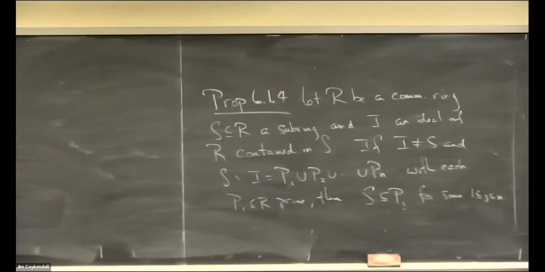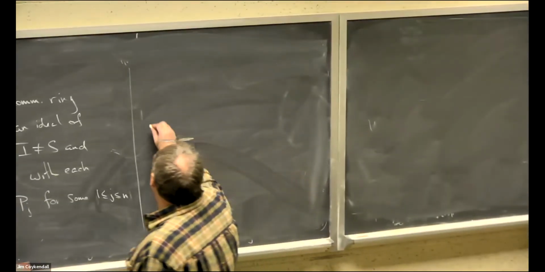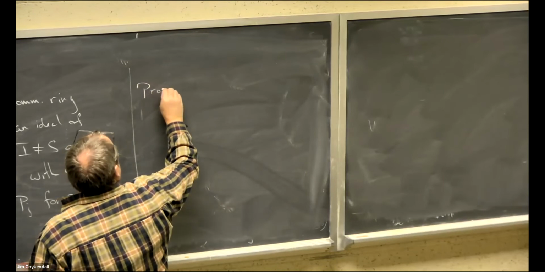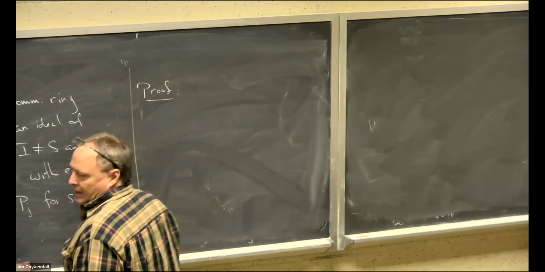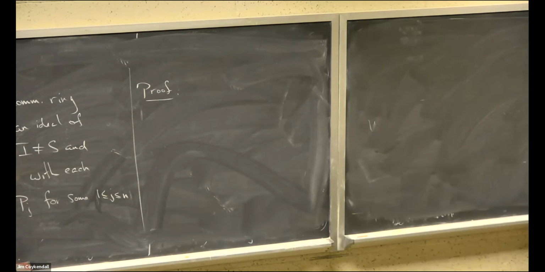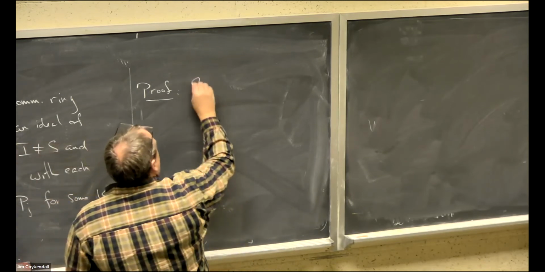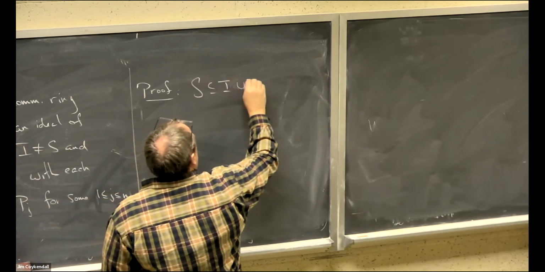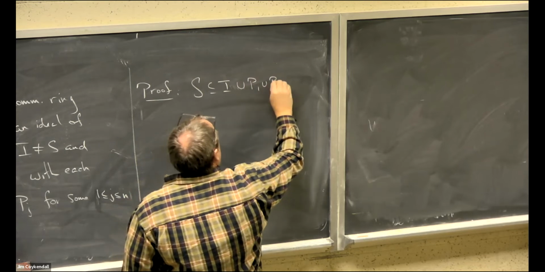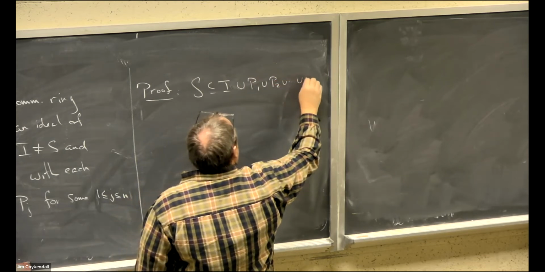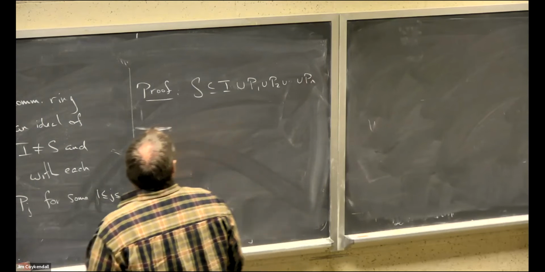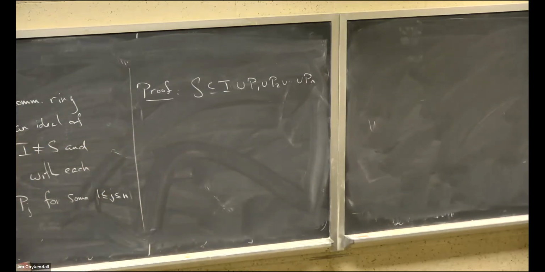Okay, and actually this follows very quickly from one of the results we did last time. Notice that S is contained in I union that collection of primes, right? Because since S minus I is contained in that union of primes, then S is contained in I union that collection of primes.